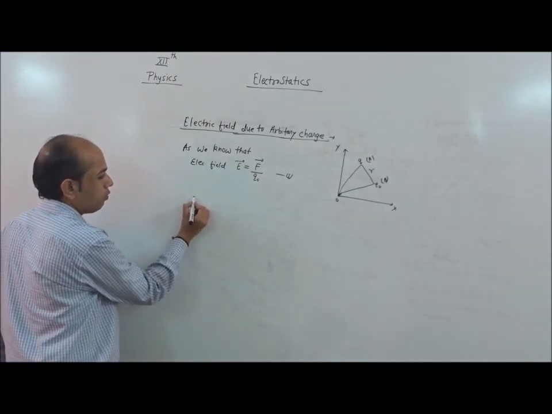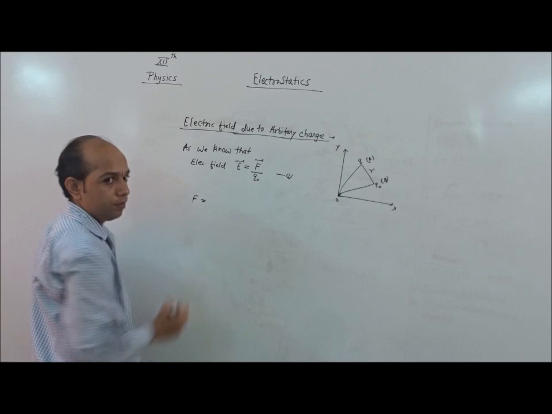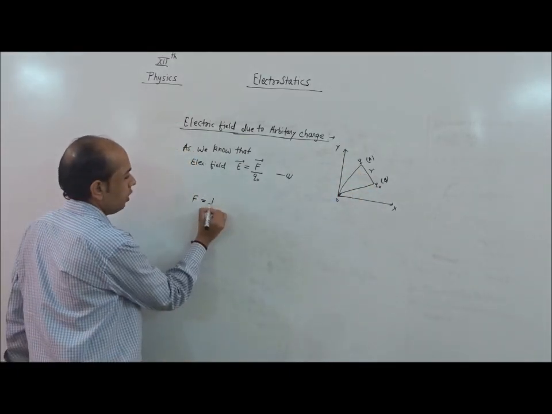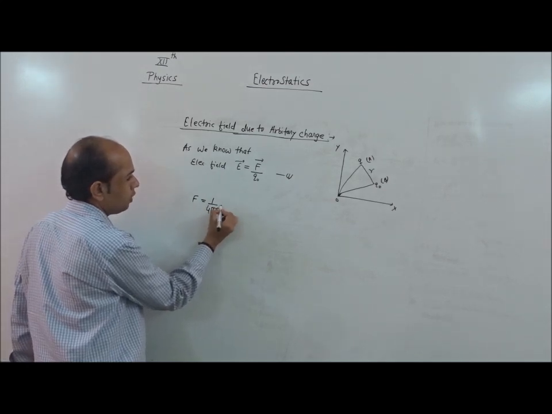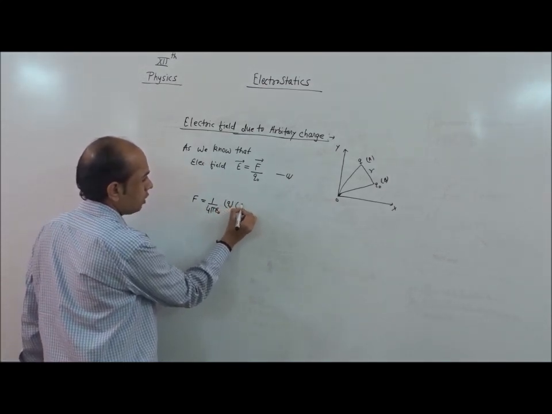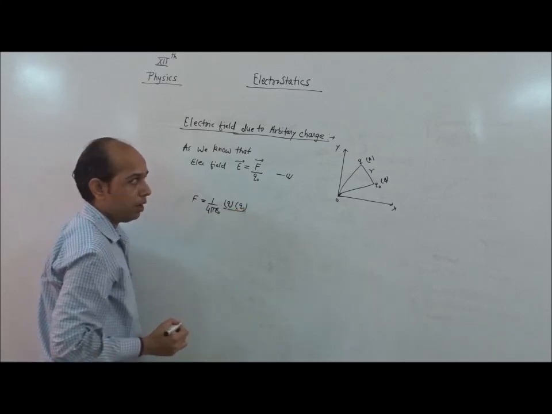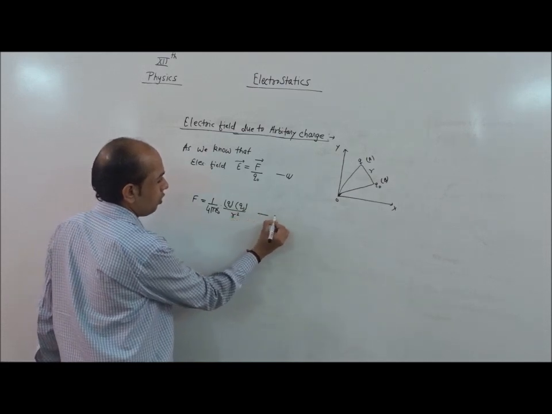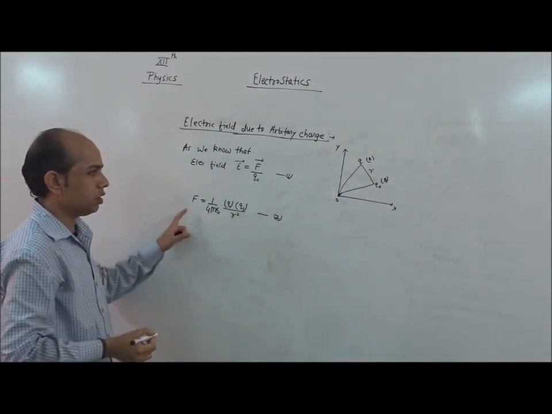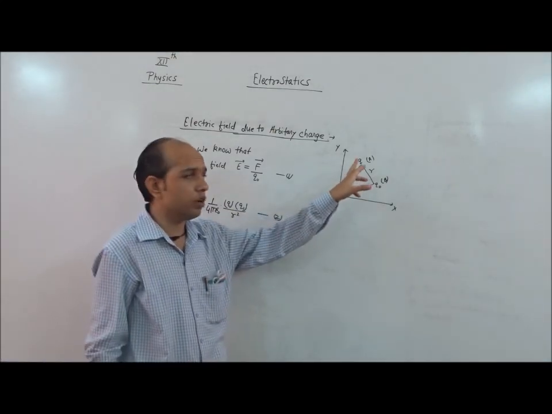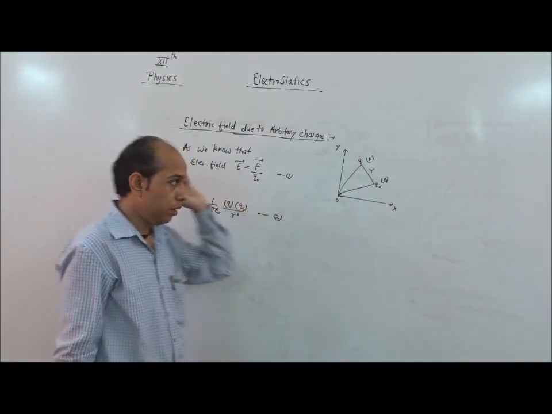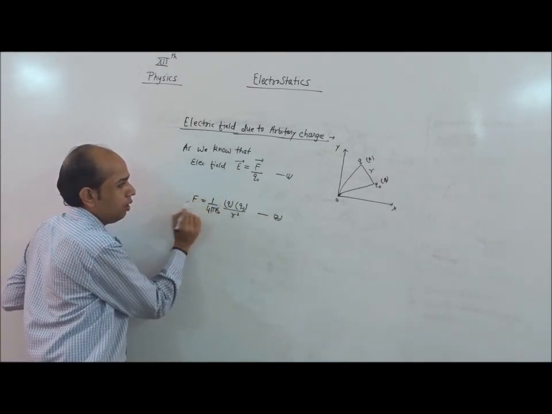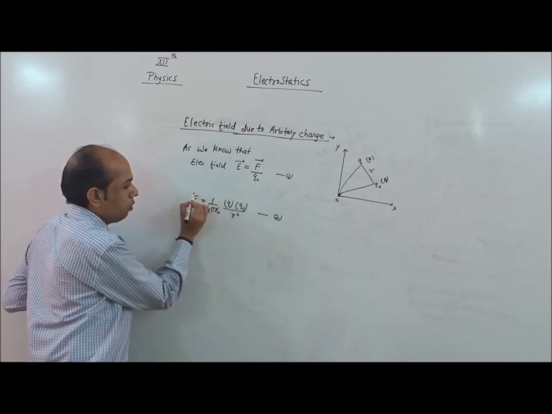So first we calculate the force. F equals, as per this diagram, with Q and Q naught, 1 upon 4 pi epsilon naught, first charge Q, another one Q naught, divided by r square, where r is the distance. This is equation number two. So this is the force between the two charges Q and Q naught. And in order to get the electric field, as per the identity, E equals F divided by Q naught.